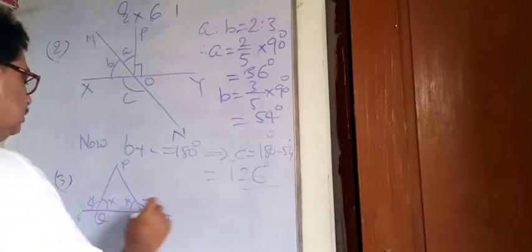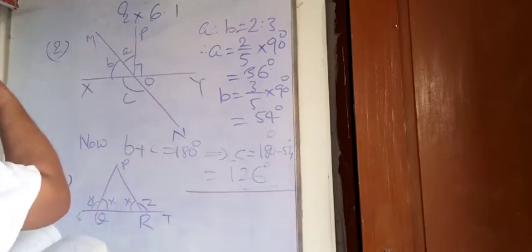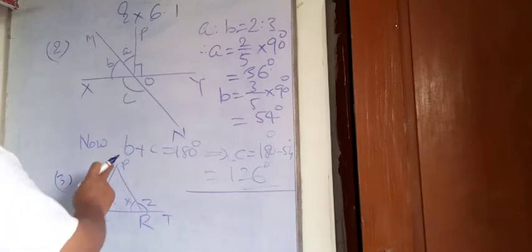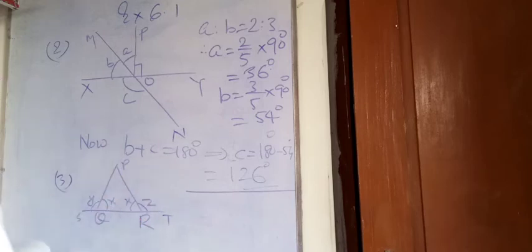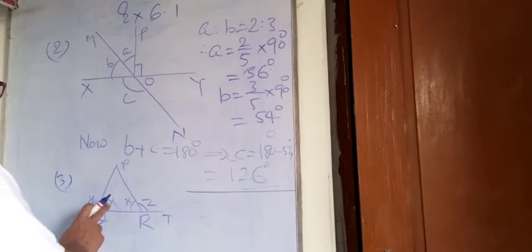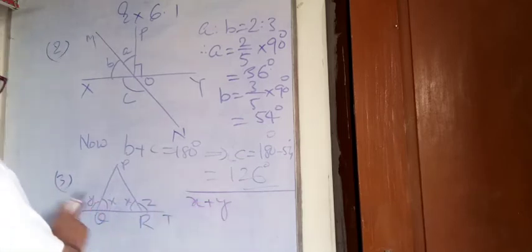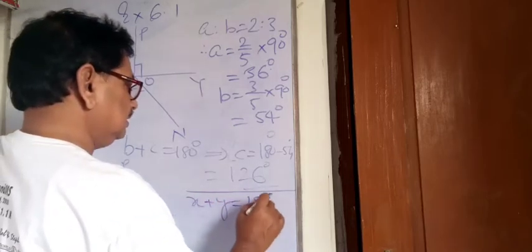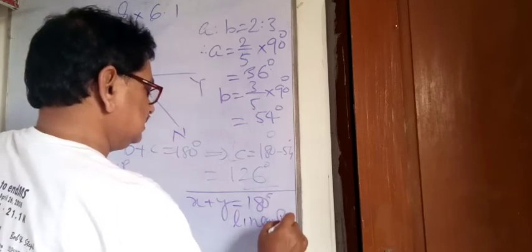As far as this solution is concerned, actually we have to show that PQS is equal to, means y is equal to PRT, means z. So what we will do here, x plus y is 180, linear pair. So let me write here, this is linear pairs.